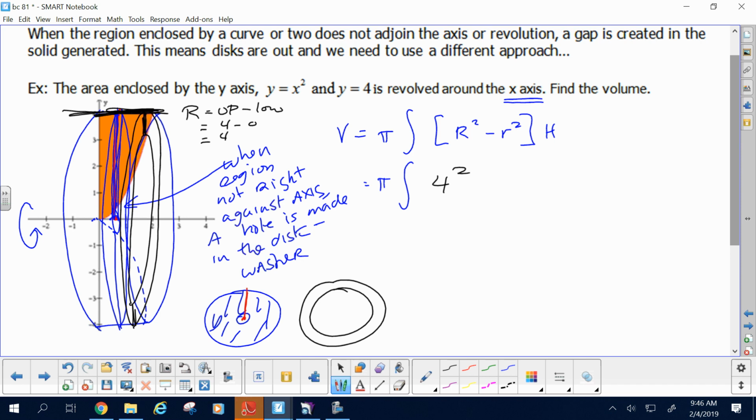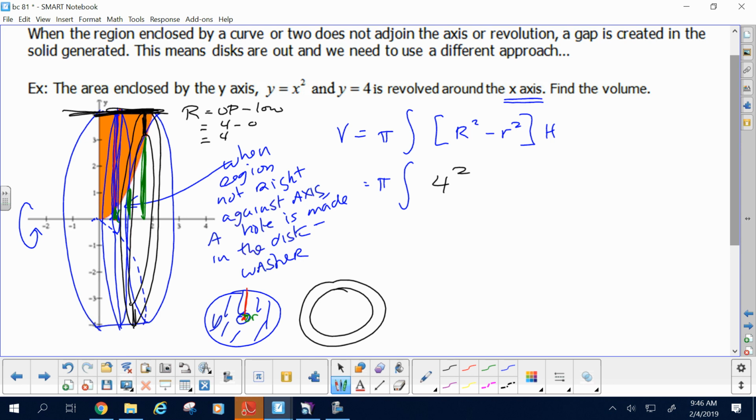Now little r, a little more going on here. Little r represents the radius of the gap, or the circle that's being removed, that we don't want to include because it's not part of the volume. Here's little r, and here's little r, and here's little r. Now little r seems like it's not always the same like big R is.